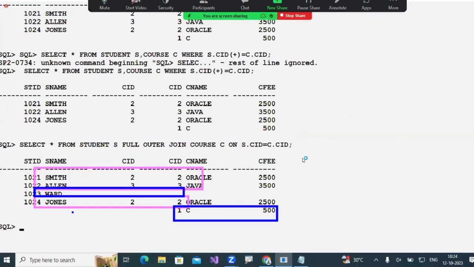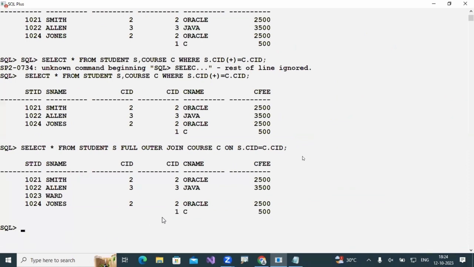So it means the complete matchings and unmatchings. This is the unmatching row in the left side table, this is the unmatching row in the right side table, and 2, 3, 2 are matchings.